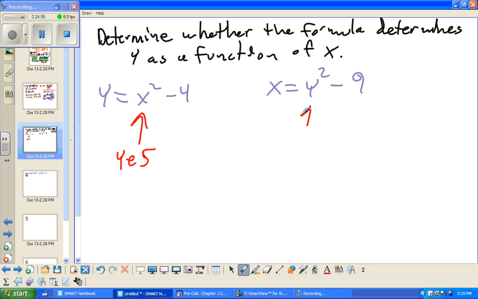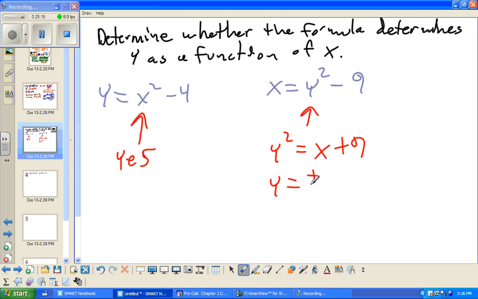On this one here, y squared is a good indicator that it's not going to be a function, but you can do some work to verify that. Subtract 9 from both sides. I'm sorry, add 9 to both sides, and then square root both sides.